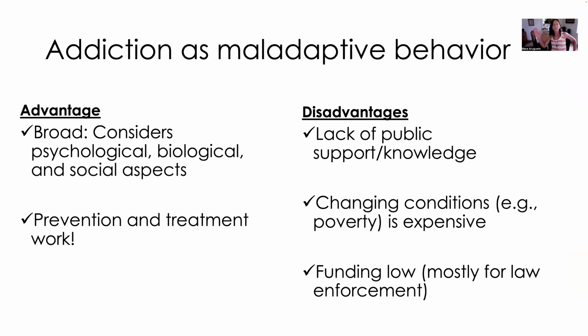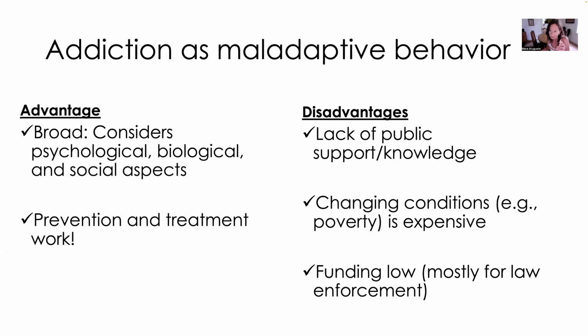So one advantage is it's really broad. It considers psychological factors. It considers biological factors. It considers social aspects of addiction, which we'll talk about in this class. On top of that, prevention and treatment really do work. So we can do prevention, for example, with school-based interventions.